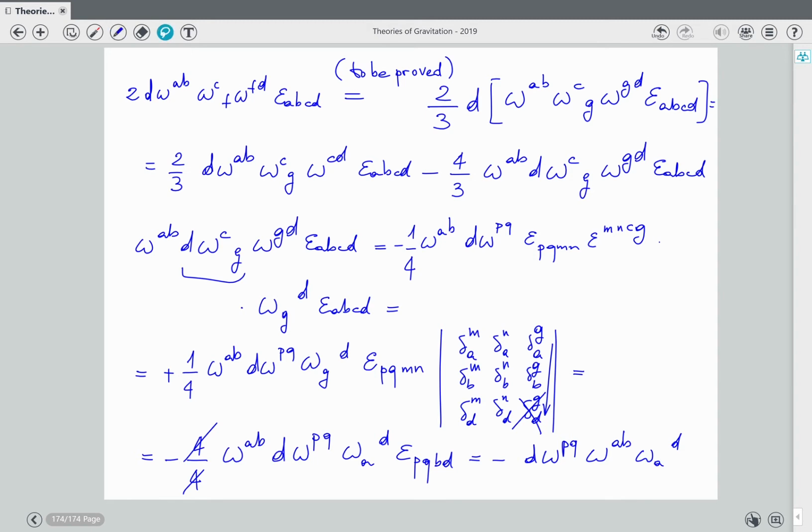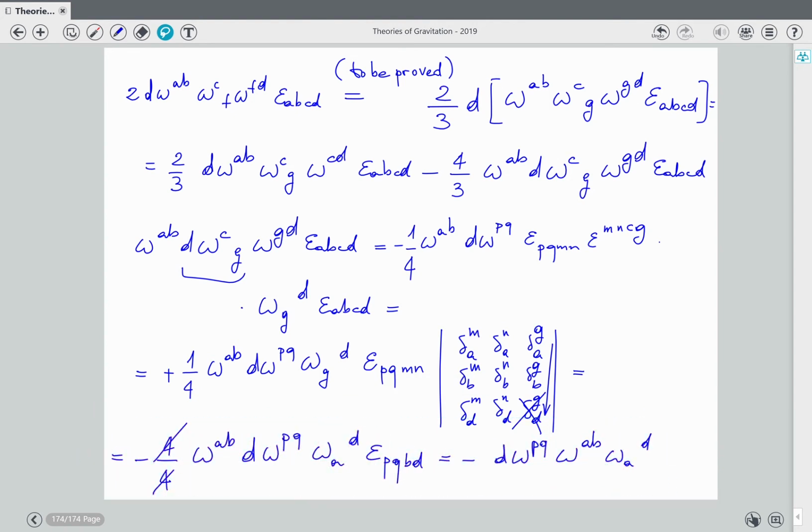So first I copy them, and then we will rearrange them. Epsilon PQBD. So d omega has two indices that are contracted with the first two indices of the epsilon tensor. That's fine. Then we find omega omega with the first and fourth indices, which are equal to those B and D.